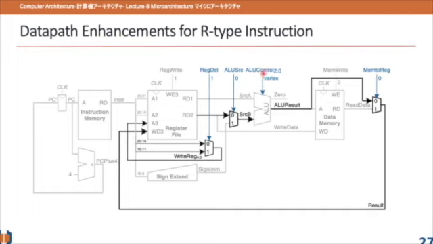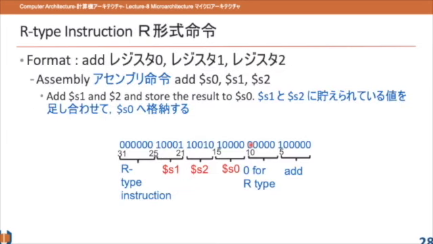Of course, the value for ALU control is different based on the instruction. It could be add, it could be subtract, it could be a logical operation or anything. Well, I think if we have an example, it will clarify the facts.